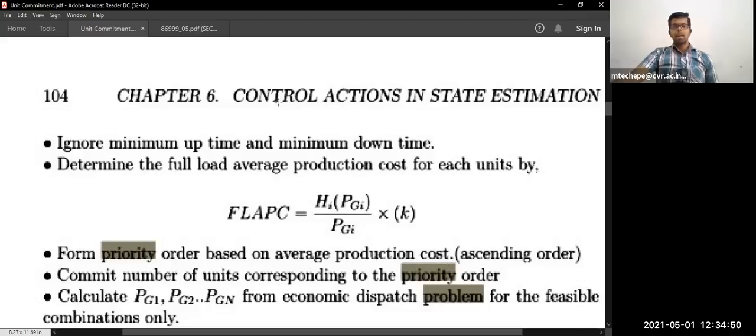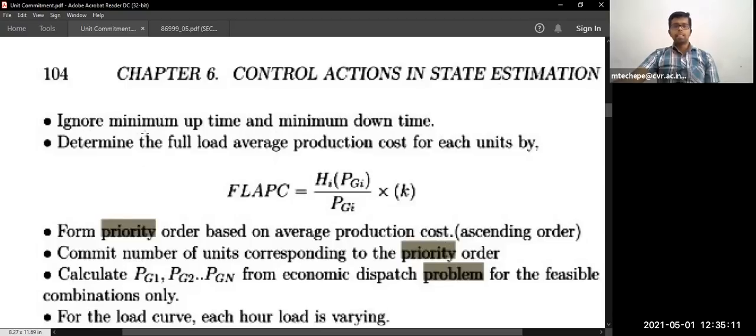Some such constraints might be there for thermal generating units, like minimum operating time of 4 hours and a maximum of 6 or 8 hours. Those uptime and downtime constraints we are ignoring here.